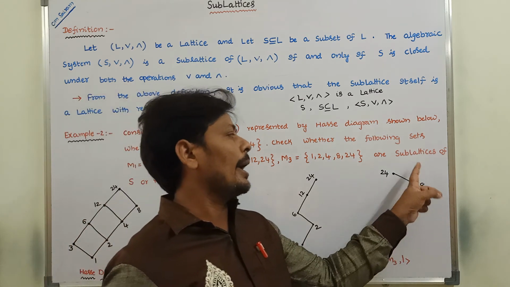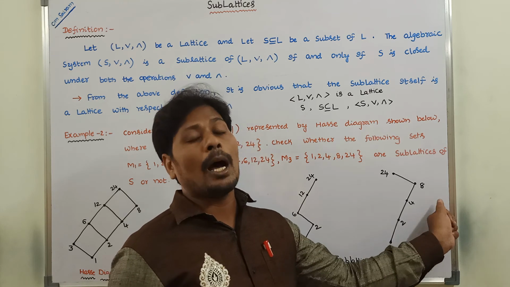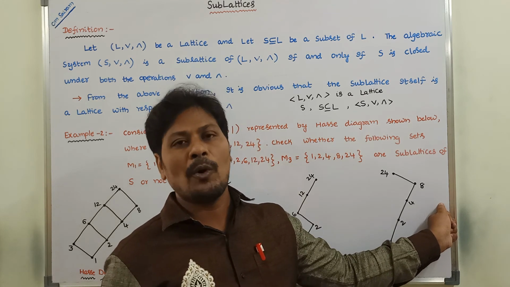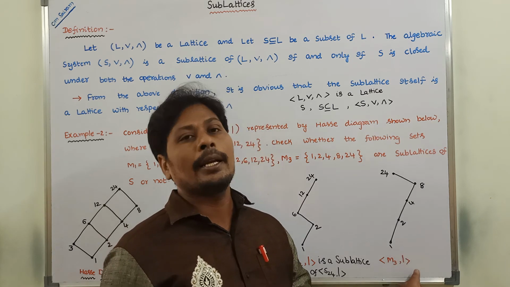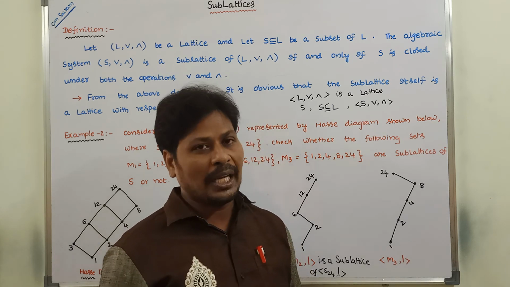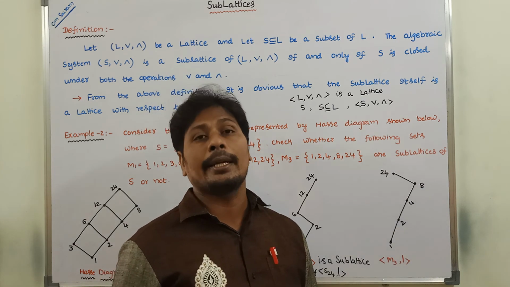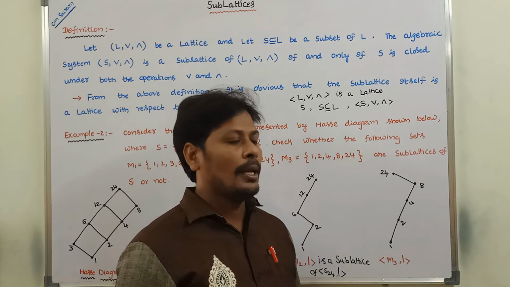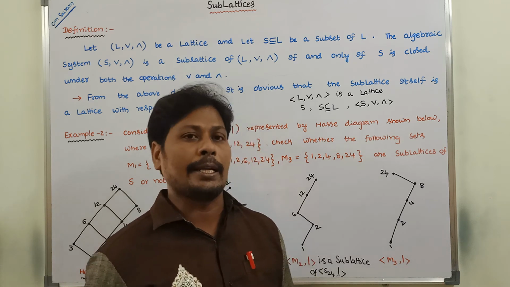For any pair of elements of M3, both the least upper bound and greatest lower bound exist. Hence, we can say that M3 with the division relation is a lattice, because for every pair of elements, both the least upper bound and greatest lower bound exist.